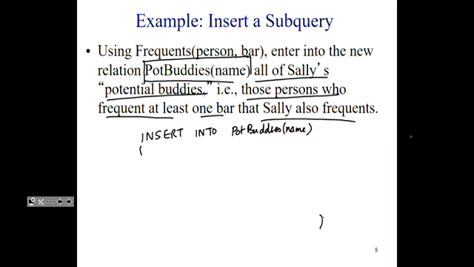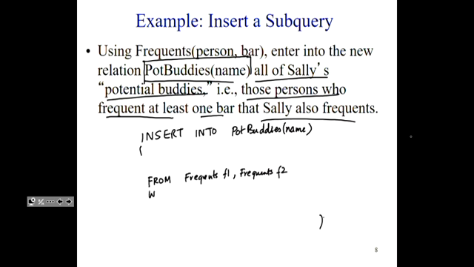Okay, so I'm going to start with the from clause, and I'm going to say Frequents. There are many ways to do this, of course, but I'm going to try one, which is Frequents f1, Frequents f2.